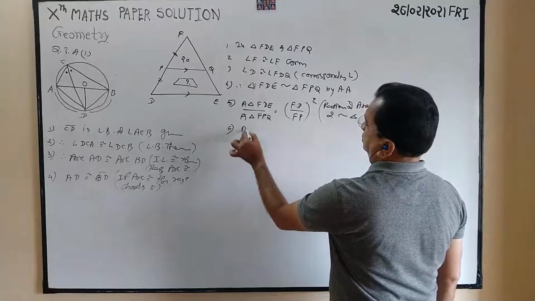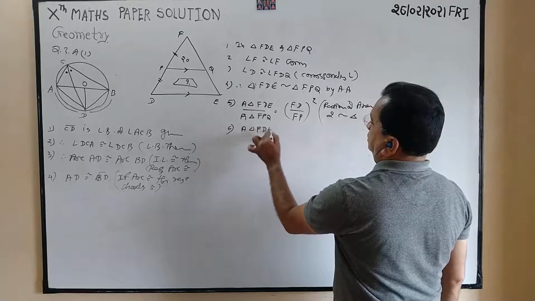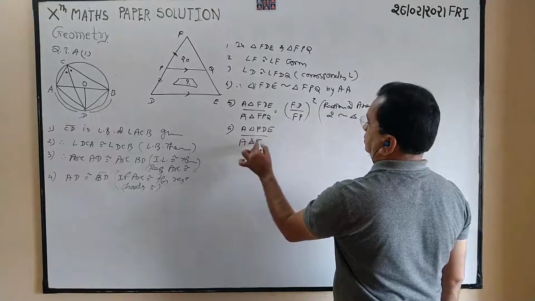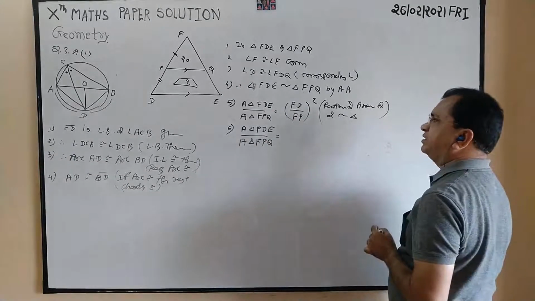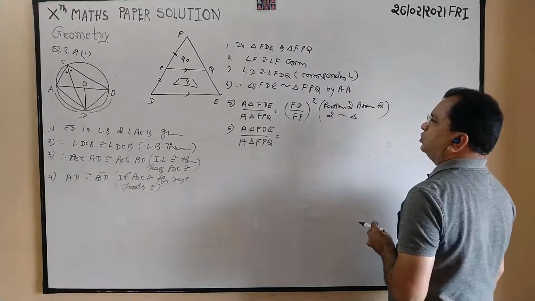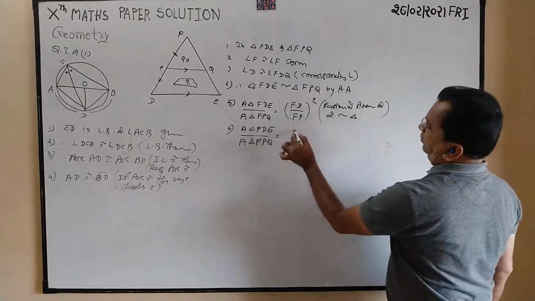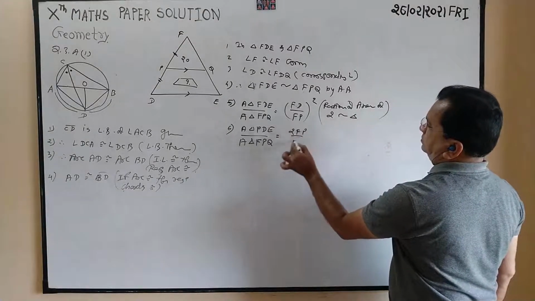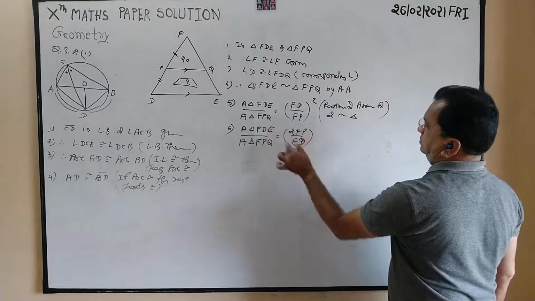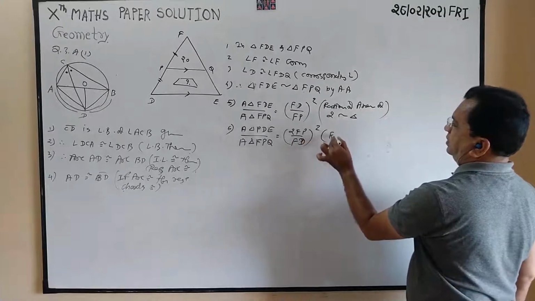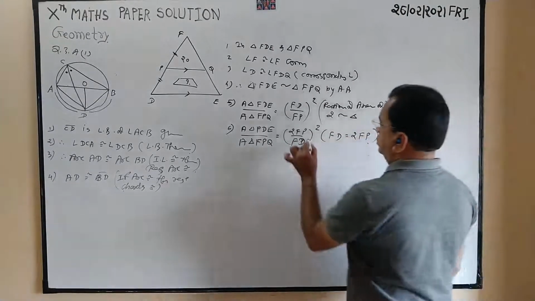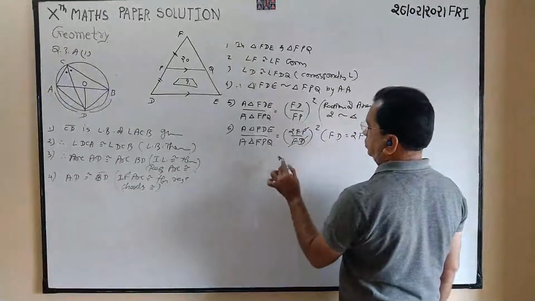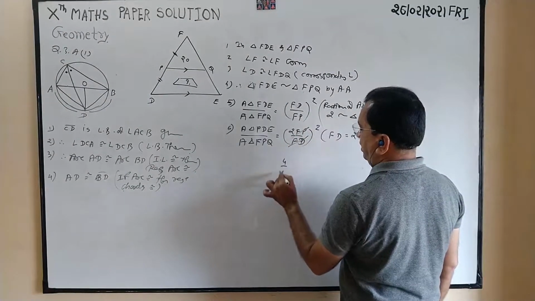Then sixth, FD it is given 2FP. FD it is given 2FP given. So this will cancel only 2. So 2 to the 4 by 1.